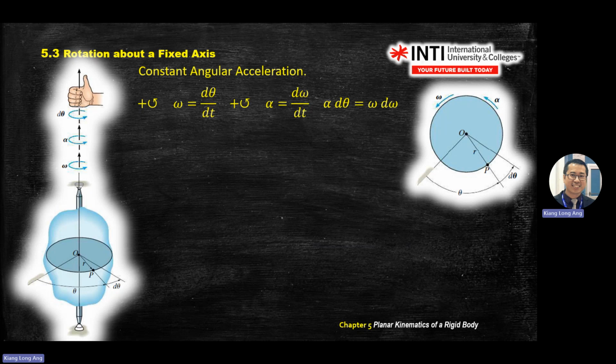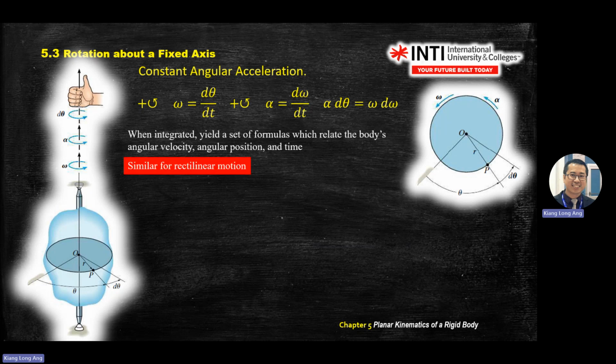When you do integration and so on, you arrive at 3 Newton equations. I'm not going to go through the derivation steps, but if you view back the chapter 1 derivation, you change s to theta, v to omega, a to alpha, and you arrive at the same format.